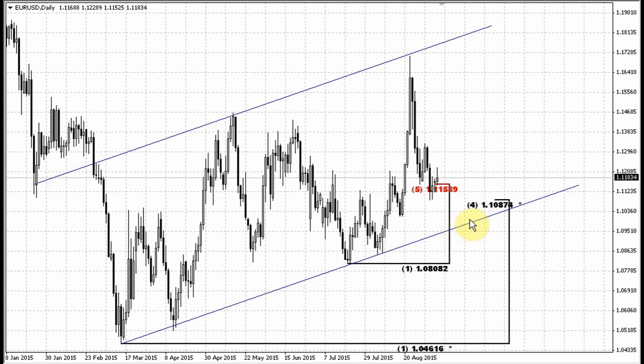Maybe simultaneously it will reach the trend line support. It will depend on the speed of this possible move down. If it is rather slow, then it could happen somewhere in this area. We will see. On the intraday charts, we have some patterns that also suggest the reaching of this area.